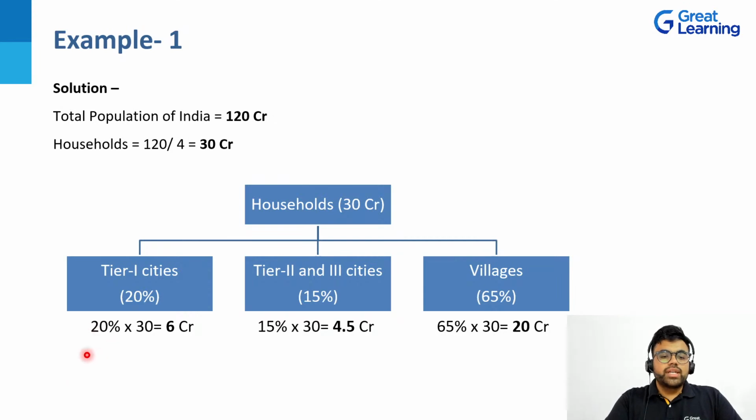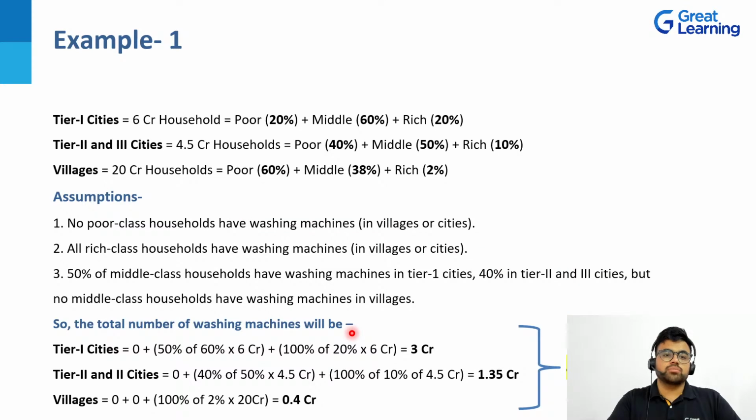Okay. So 20% of the 30 crore households will give us 6 crore. 15% of those 30 crore would give us 4.5 crore, and 65% of those 30 would give us 20 crore. So these are the assumptions that we have made, and we'll go ahead with them.